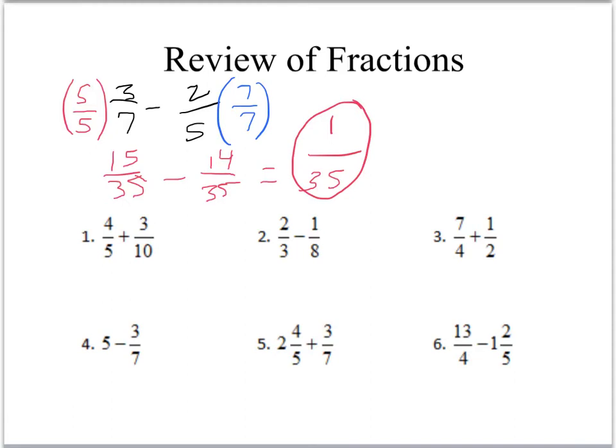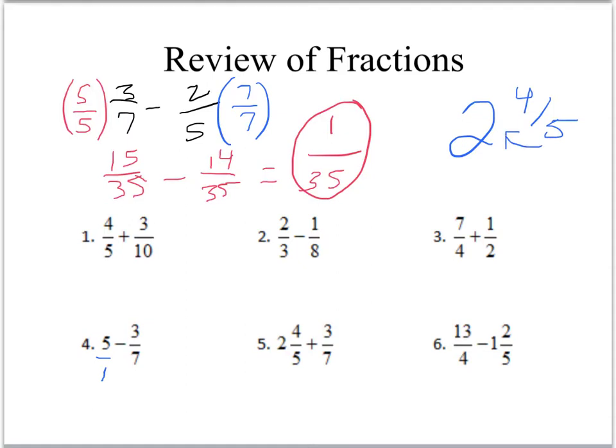Notice numbers 4, 5, and 6 look a little bit different. Number 4, you have 5, but that's really the equivalent of 5 over 1, so you can multiply the 5 by 7 over 7 to solve that one. Number 5, 2 and 4/5, the best recommendation I have, and I'm going to write up here in the corner, if you have 2 and 4/5, let's change that from a mixed number to an improper fraction.